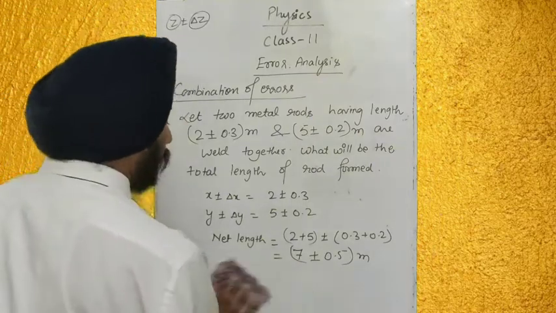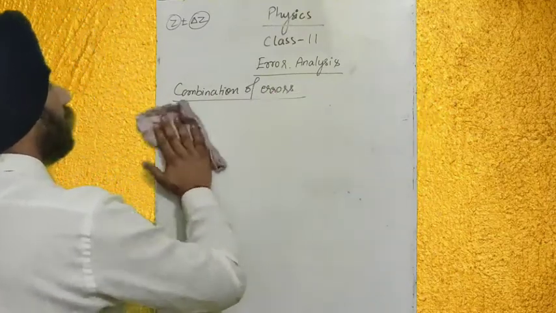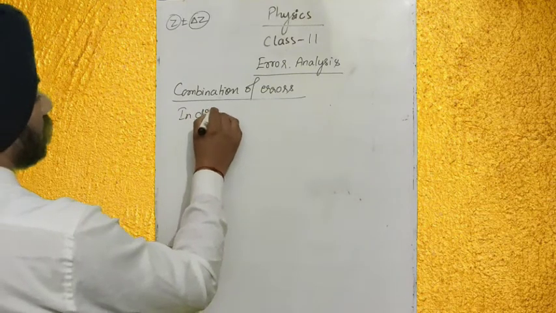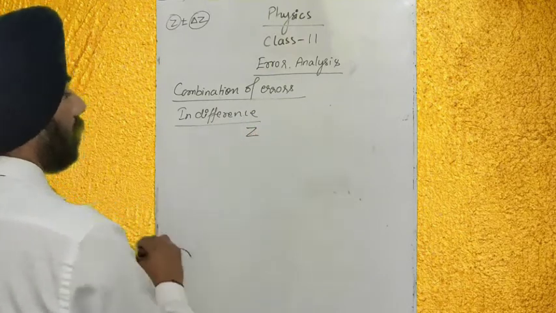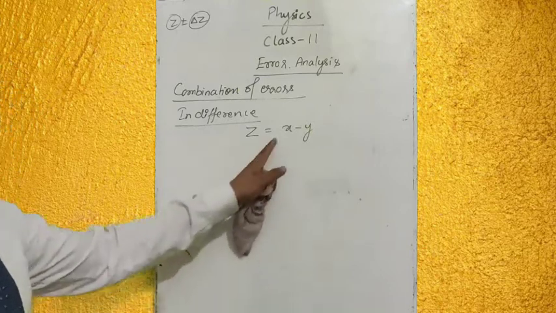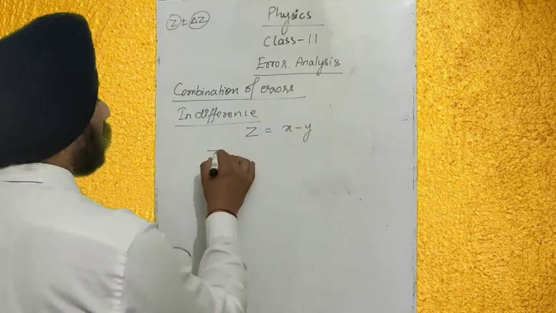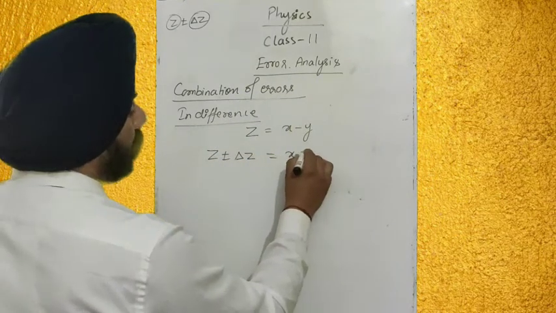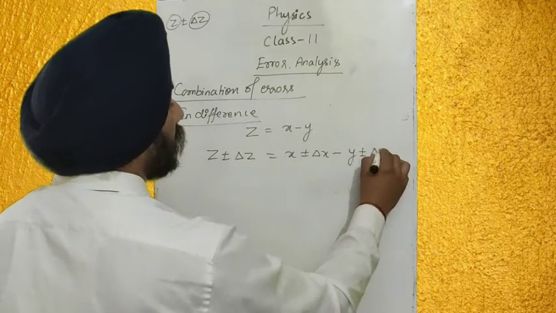What happens when we are subtracting two quantities? In subtraction, in difference, z is a result obtained by subtracting two quantities, x minus y. So when we are taking this, take errors in it also: plus minus delta z, in x plus minus delta x, and in y plus minus delta y.